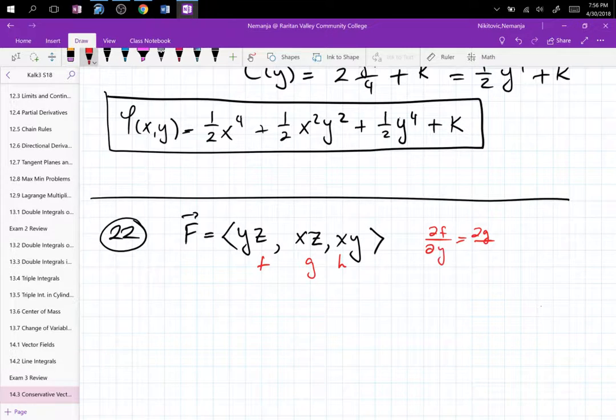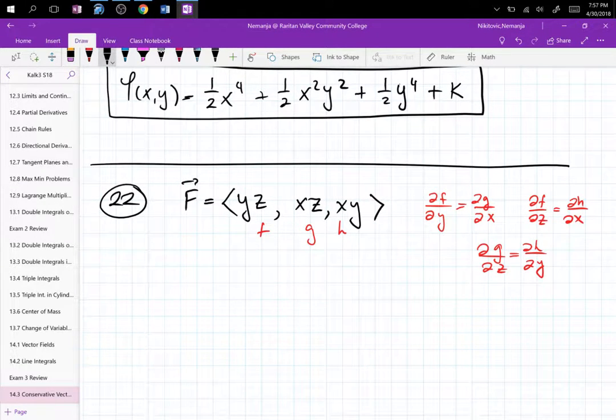So this is partial y, and this is partial x. And then we have partial f, partial z, partial h. So h is connected to z, so that's going to be partial z and then partial x. And finally, partial g, partial h, dz, and dy.